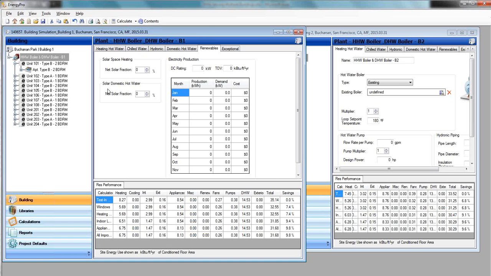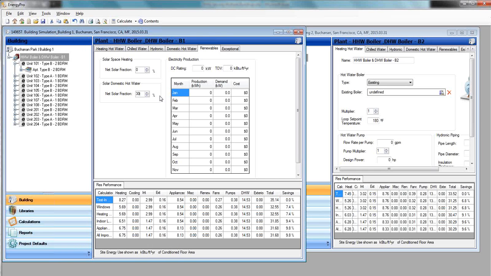But you basically need to get an F-chart calculation completed, which is going to give you the net solar fraction offset, and you can plug that number in here. If F-chart says it's 30% solar thermal offset, then you plug in 30% here, and that will take it directly off your domestic hot water. Perfect. Thank you.